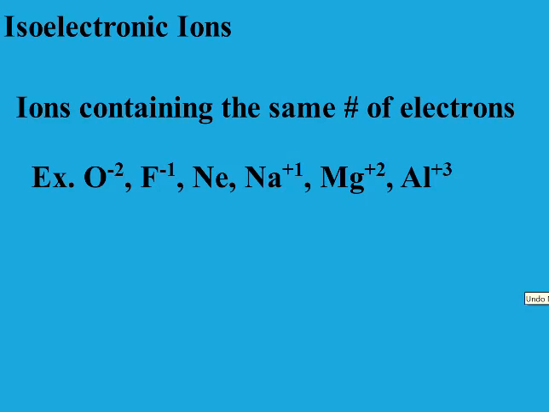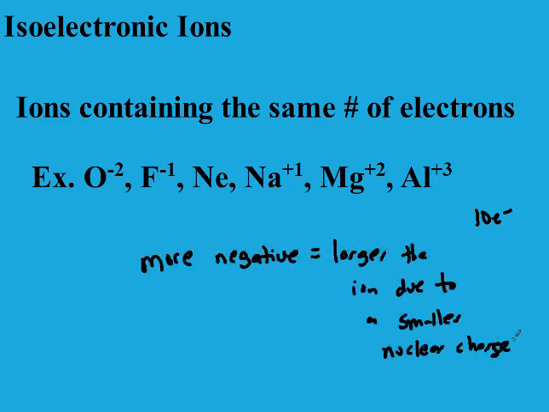As a reminder, we've talked about isoelectronic ions, but if you've forgotten, these are ions containing the same number of electrons. So all of these ions have 10 electrons. The more negative, the larger the ion due to a smaller nuclear charge. This one is the most negative.